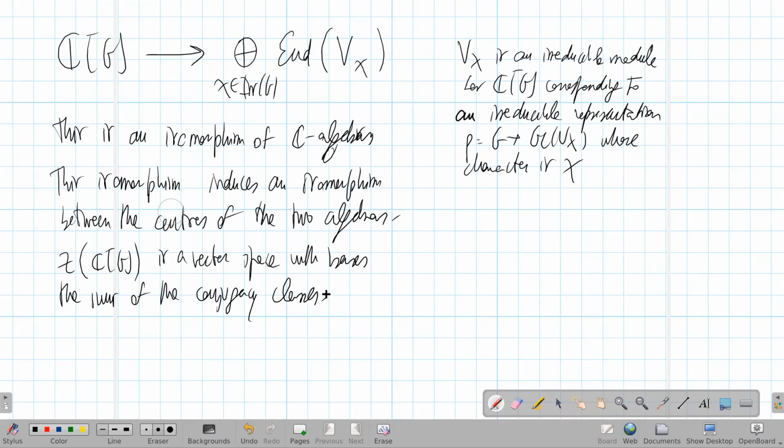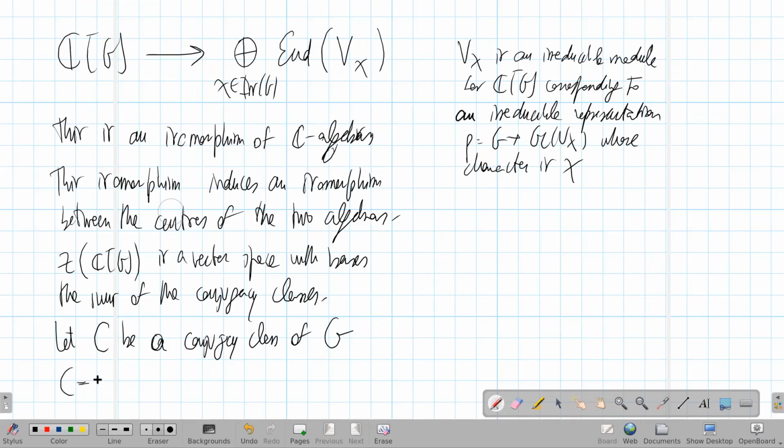Let us introduce a notation that will be useful later. So let C be a conjugacy class of G, okay?